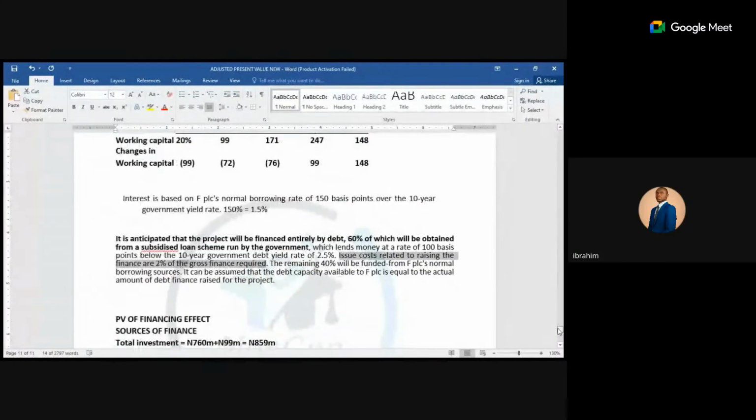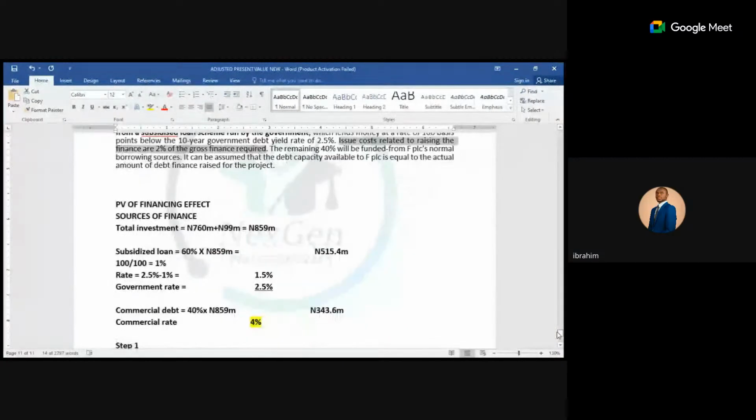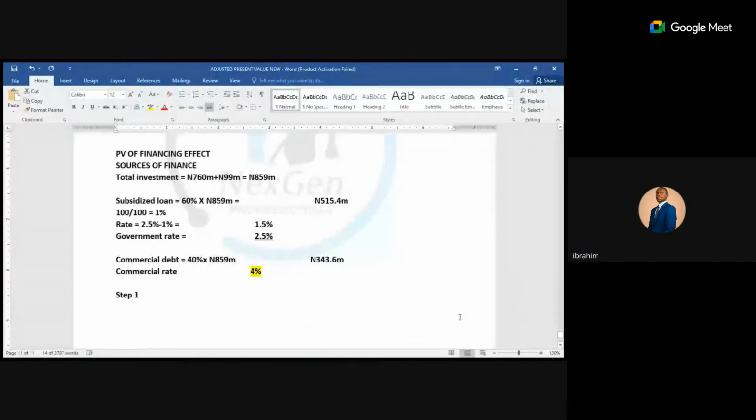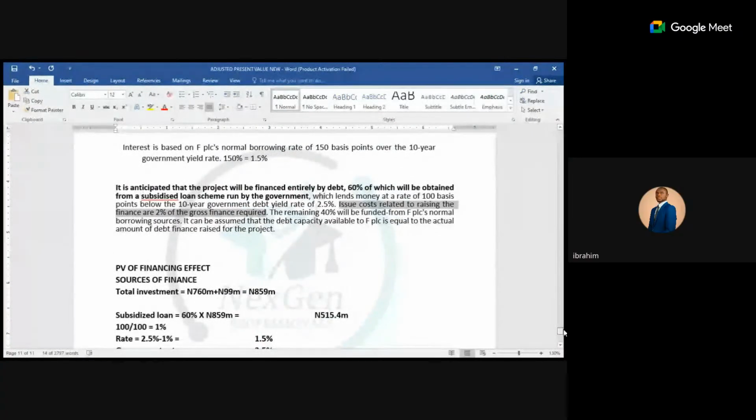Finance. Don't forget it is being financed by what? By debts. So the issue cost will be applied on it in raising the finance. The debts include the subsidized and the commercial loans. Raising the what? The finance.